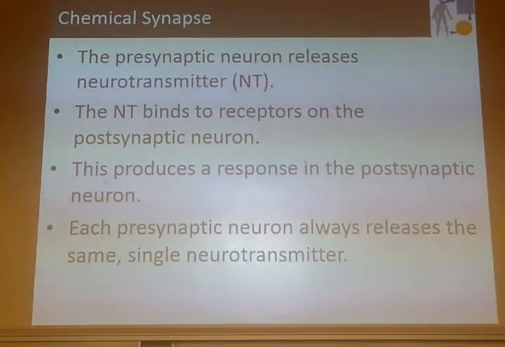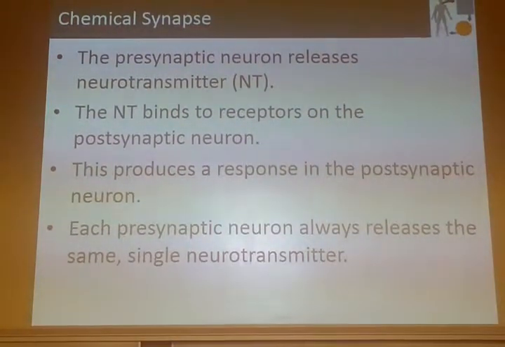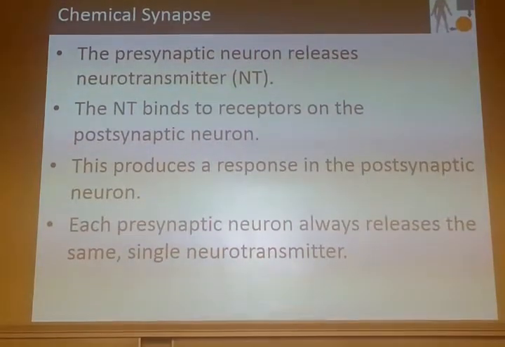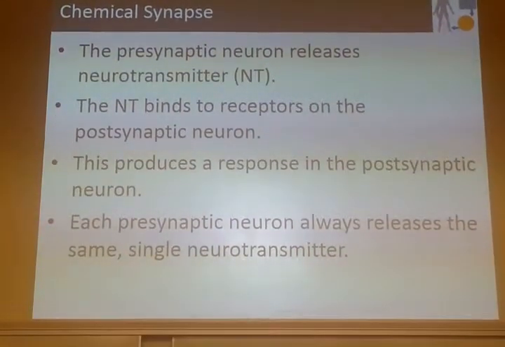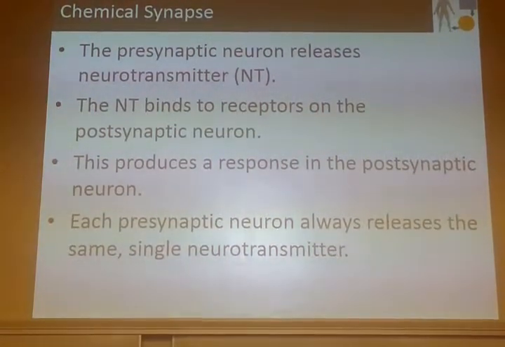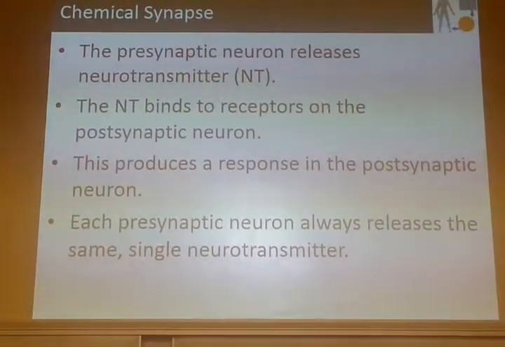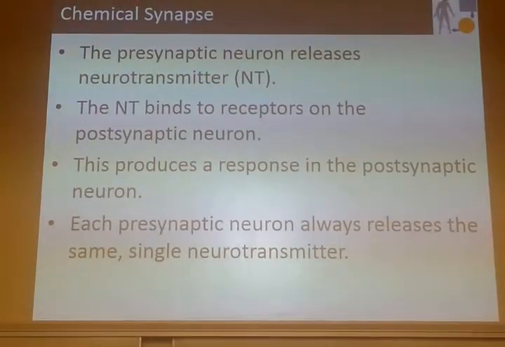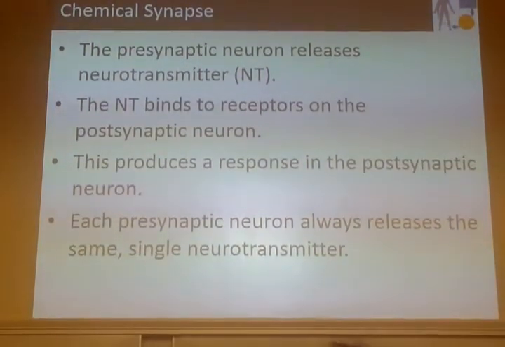Okay, so chemical synapses, the neurotransmitter is going to bind to a receptor, but that receptor is going to determine what the effect of the neurotransmitter is. Your body will make fewer neurotransmitters than receptors. Each cell can select what type of receptor it puts in its plasma membrane.